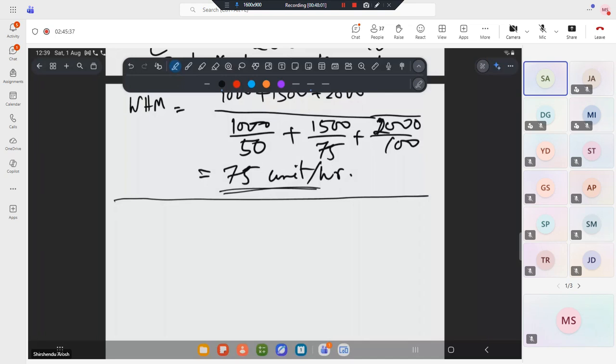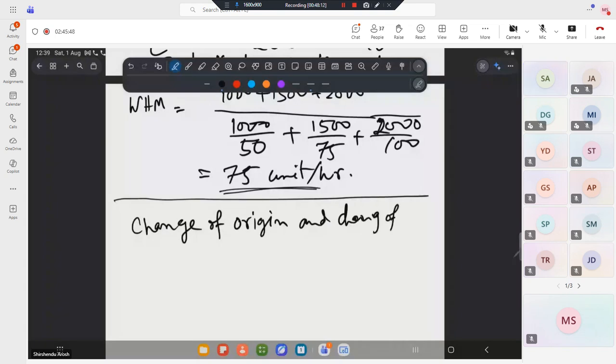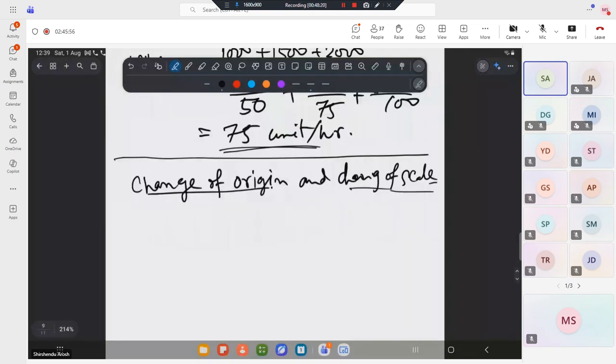That is called the change of origin and change of scale, right?